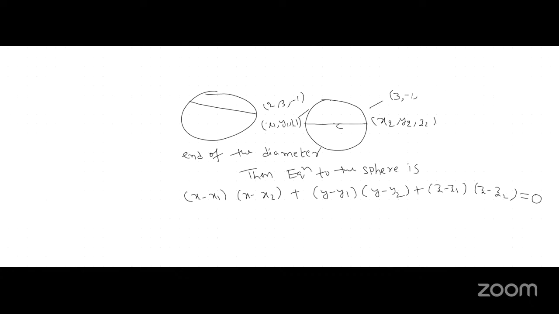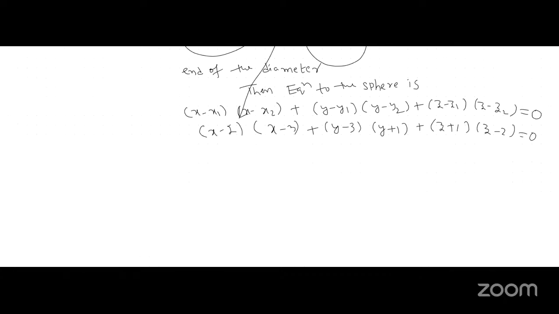You just need to substitute here, then you get x minus 2 into x minus 3 plus y minus 3 into y plus 1 plus z plus 1 into z minus 2 equal to 0. So if we simplify this, we get the equation of the sphere whose diameter ends are these points.